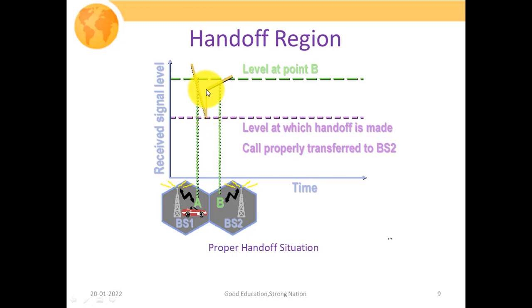In this situation it is disconnected from this base station and starts receiving from the second base station. Its received signal strength abruptly increases at this point and keeps increasing as it moves towards the second base station. This figure shows the proper handoff situation.